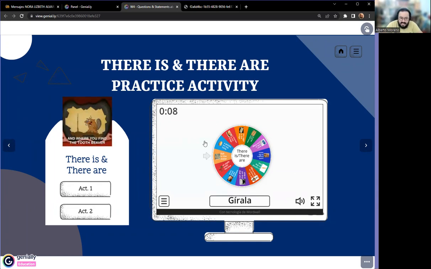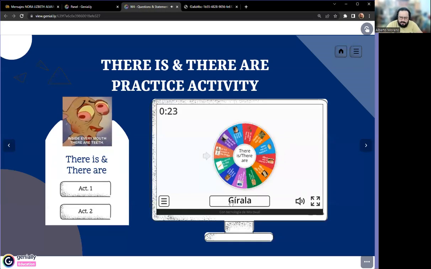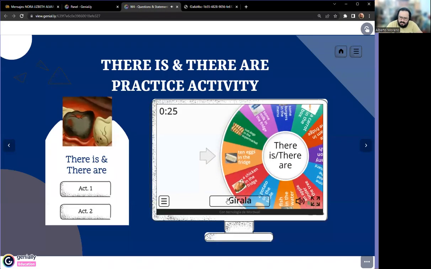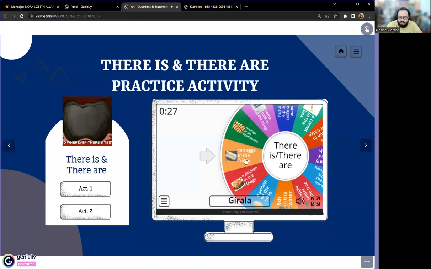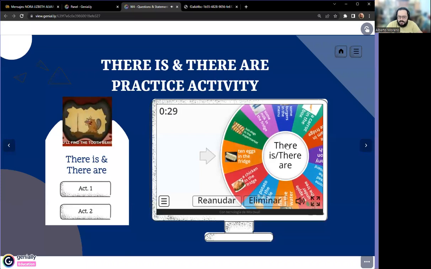Voy a girar la ruleta y dependiendo de lo que salga en la sección, tienen que pronunciar si es con there is o con there are. Yo hago la primera y luego ustedes, 5 personas. Por ejemplo, aquí tenemos 10 eggs in the fridge. ¿Es con there is o con there are? Lo correcto sería con there are. There are 10 eggs in the fridge.